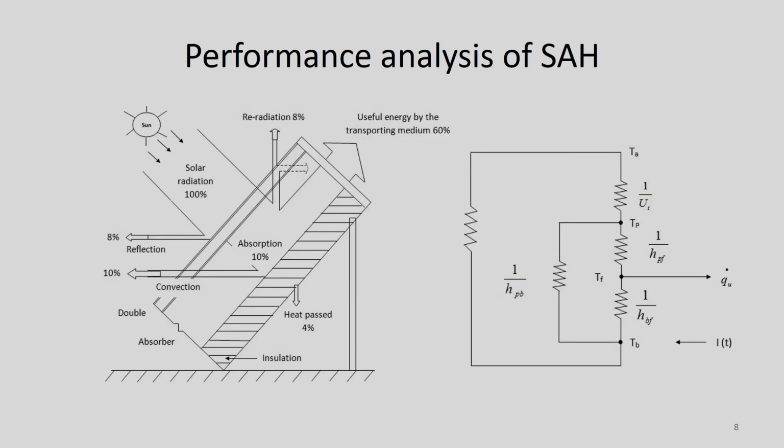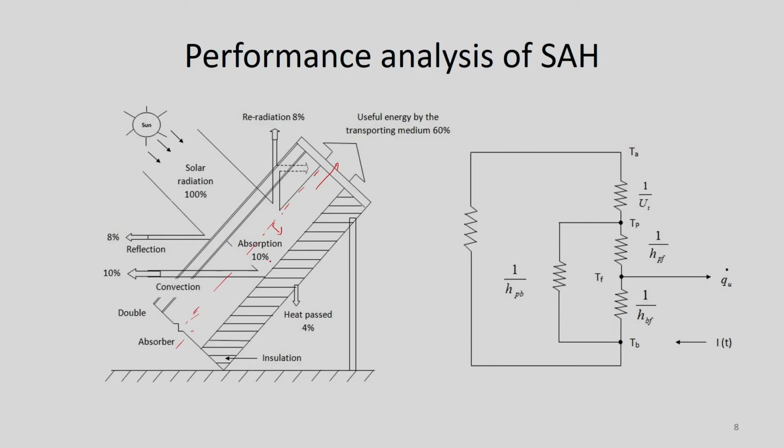So, this slide shows the energy flow of a solar air heater. Okay. So, here if we use a double cover, solar radiation falls through this glass cover and is received on the absorber plate. Okay. So, energy is received here and then it is transferred to the fluid.